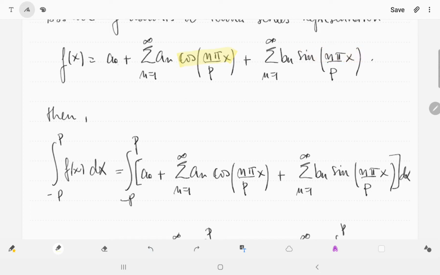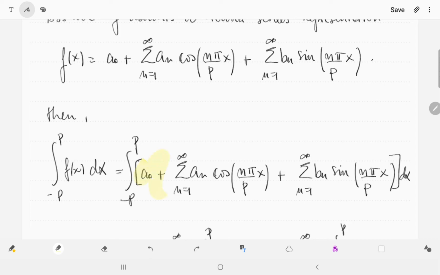So first we compute this integral of f on the interval minus p to p.